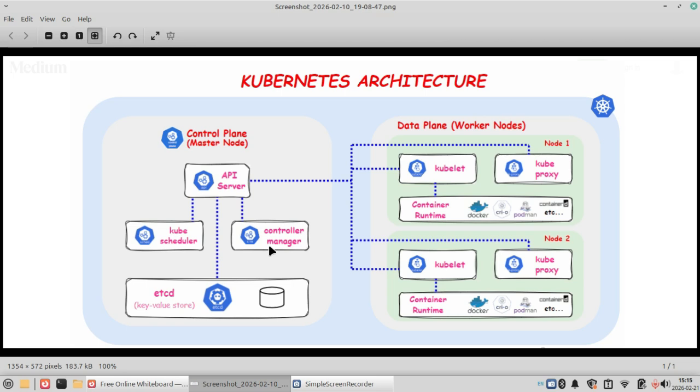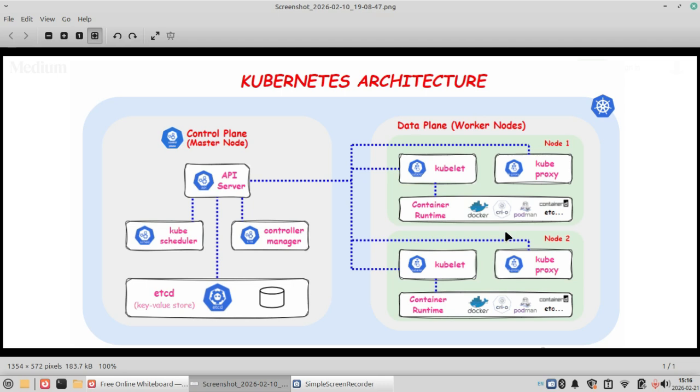Now let us look at what actually runs on the worker nodes. So on the left hand side is where you have the worker nodes. So these are two worker nodes. The first one is node 1 and the second one is node 2. All right, so we are going to pick one of these and analyze.